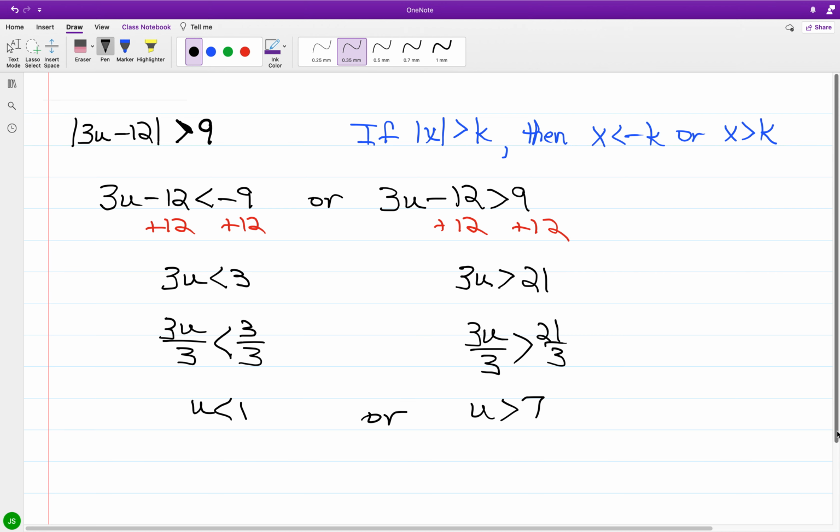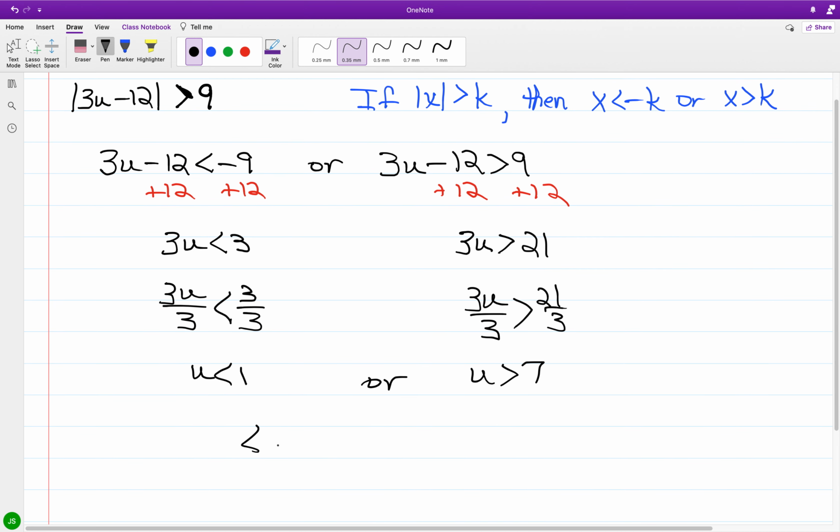So for what we would have, at least in graphing terms, notice we do not have the equal sign included. So you have u is less than 1. On 1, I would have an open circle, and we have a ray that is going to the left. And again, we have u is greater than 7. 7 is not included, so we have an open circle, and greater than signals that we have a ray going to the right.